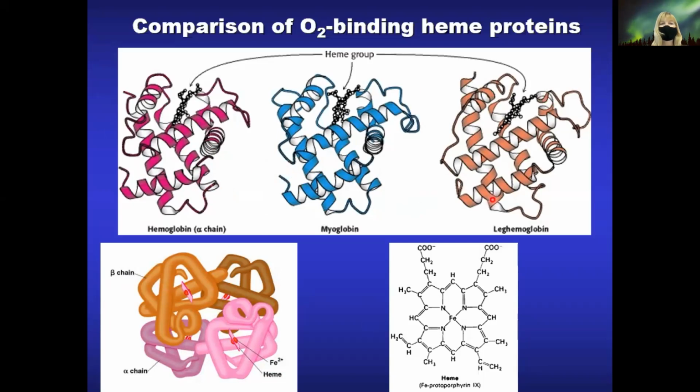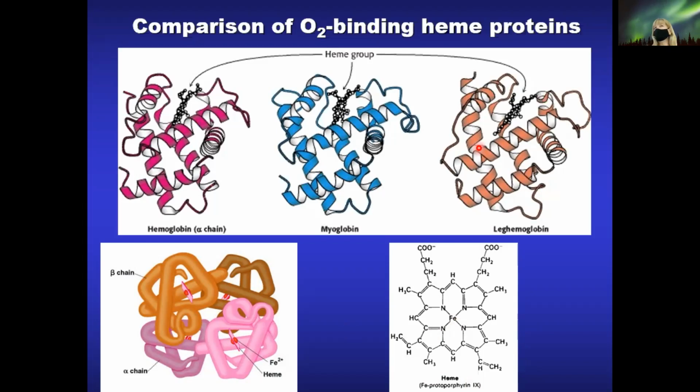Look at that, it's so similar. If you're wondering what a heme is, that's what the heme structure looks like, with the iron chelated in there. Leghemoglobin is what they use to bind oxygen and then slowly release it as needed, so the bacteria can have it for respiration, and the plant cells can have it for respiration.